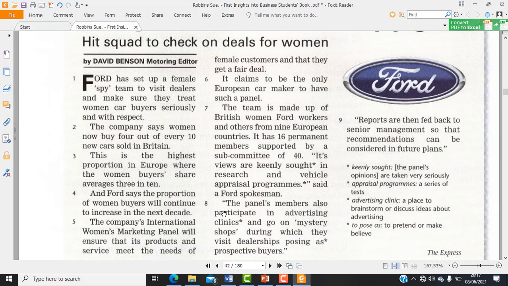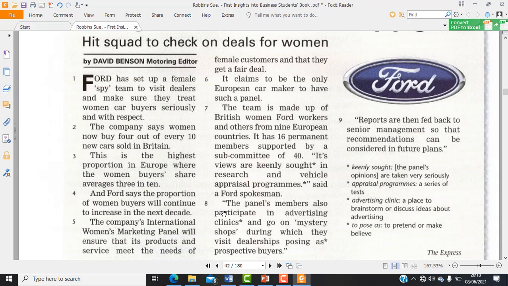So Ford has set up a female spy team to visit dealers and make sure they treat women car buyers seriously and with respect. Jadi Ford itu membentuk tim mata-mata yang terdiri wanita untuk berkunjung ke dealer-dealer dan untuk memastikan bahwa dealer tersebut memperlakukan pembeli wanita itu dengan serius dan dengan respect, dengan penghargaan.